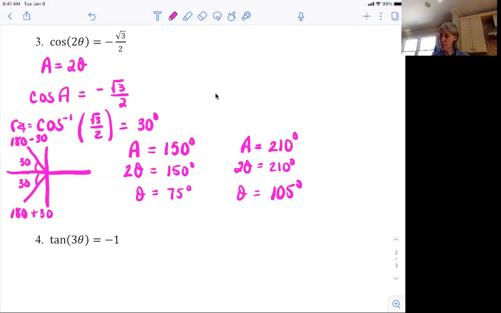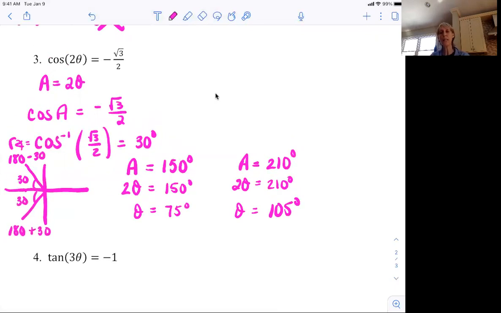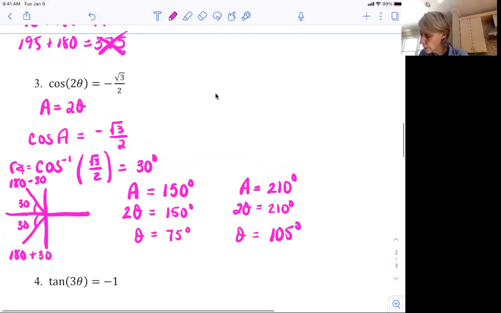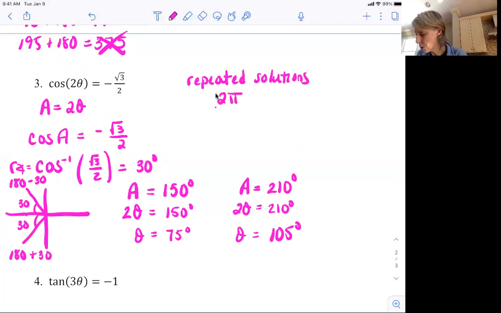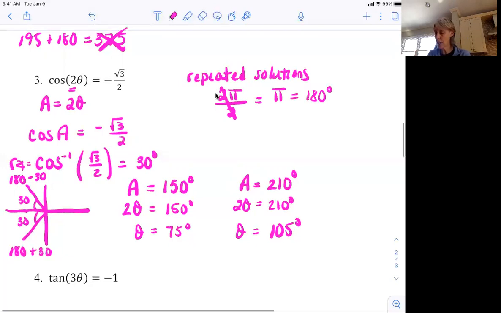And the last step of this problem is just getting any repeated solutions that are within 0 and 360 degrees. So I go back up for my repeated solutions. I'm going to take the period of the cosine function divided by the multiple, whatever number's in front of theta, and my solutions are going to repeat every pi units, or since we're dealing with degrees right now, every 180 degrees.